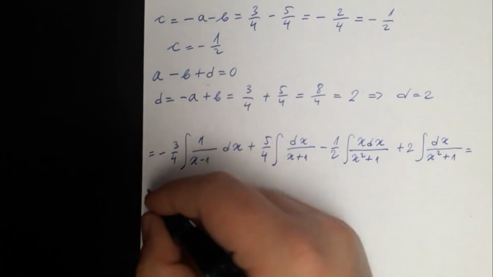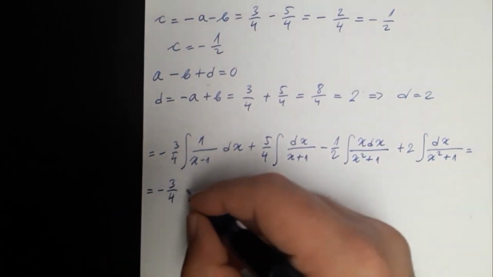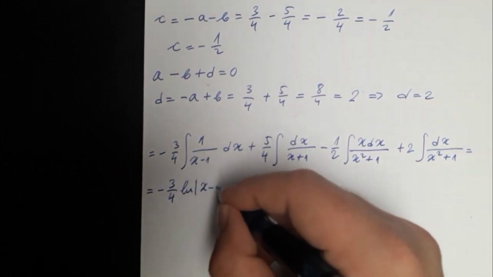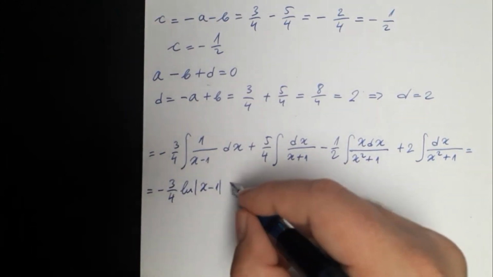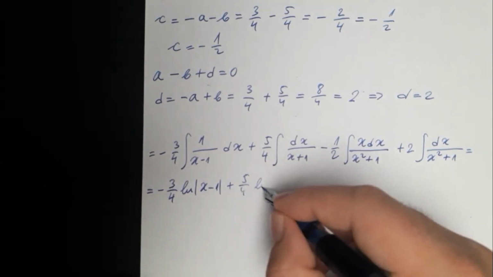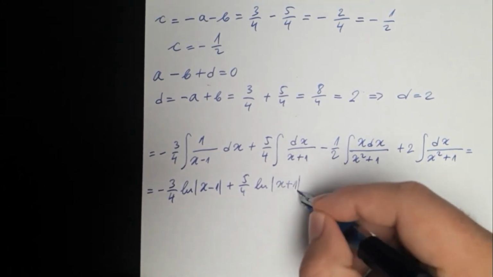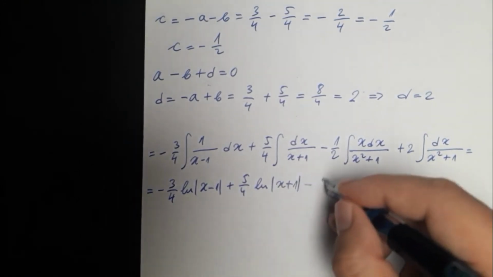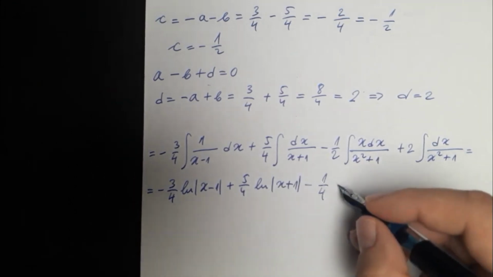This is equal to negative 3 divided by 4 of ln absolute value of x minus 1 plus 5 divided by 4 ln of absolute value of x plus 1 minus 1 divided by 4.